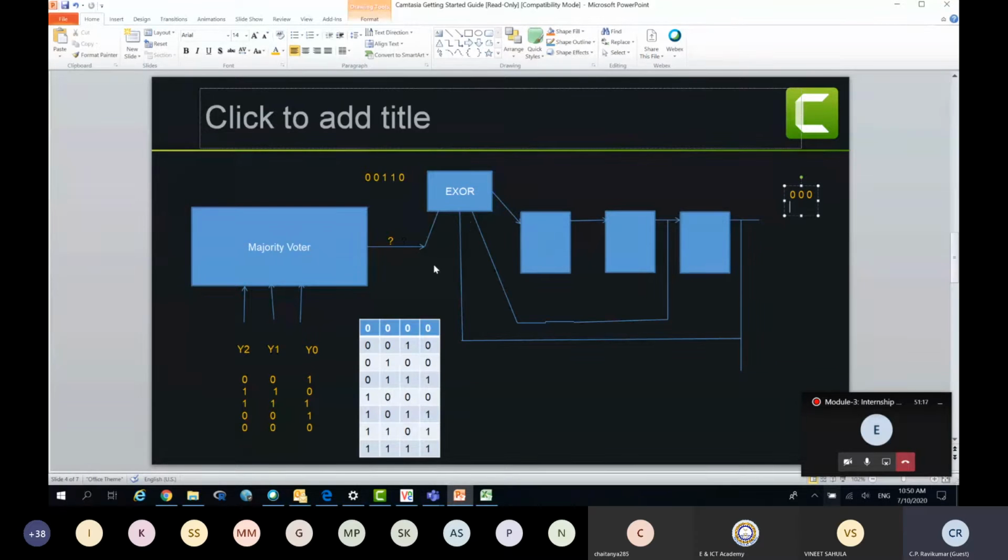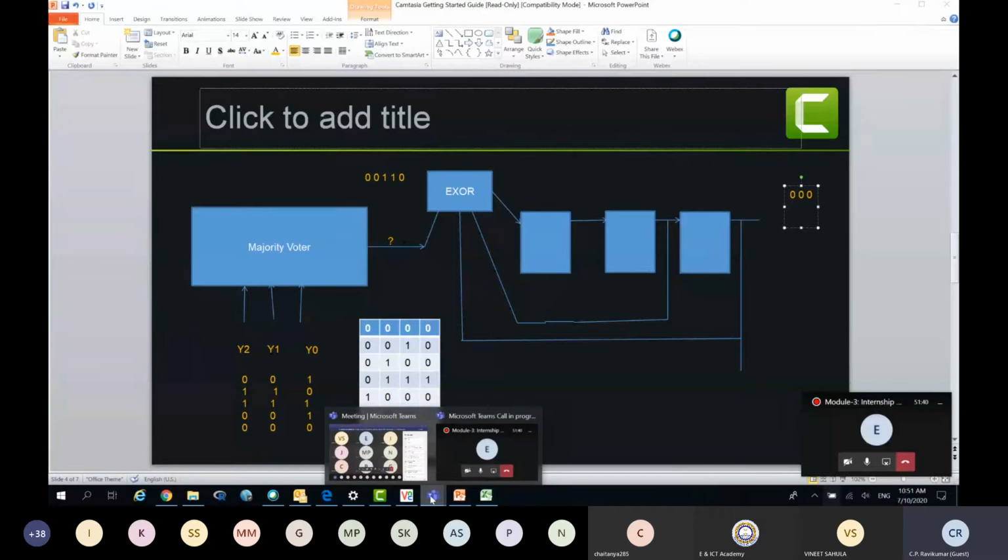Maybe there is a register which has all these values 001, and the register is also supplying the data at the same clock rate. Okay, so under that assumption, when I go from 000, what will be the next state? So can you tell me, this is an exercise for you, simulate and tell me.